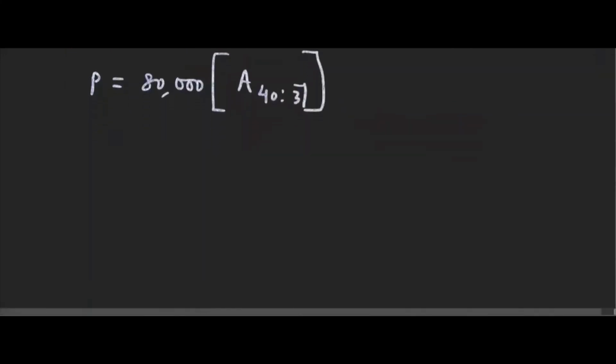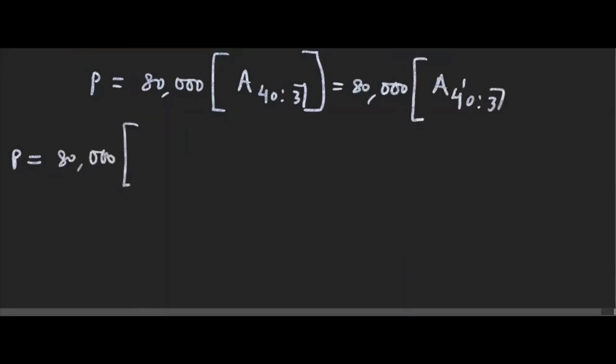So let me write P is equal to 80,000 A43. So you have to find it directly. If you want to find it directly, let me write another line here, A43, already we know this. Let me write the expression for this one.